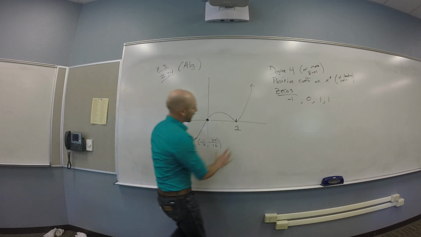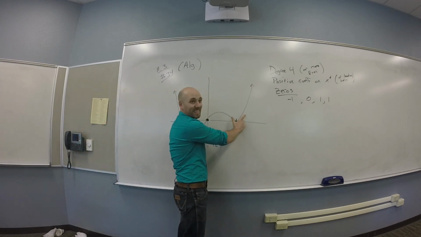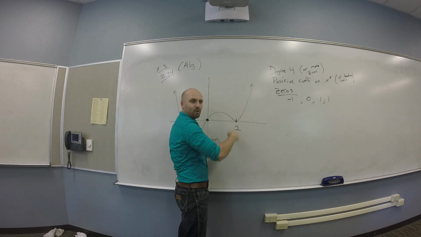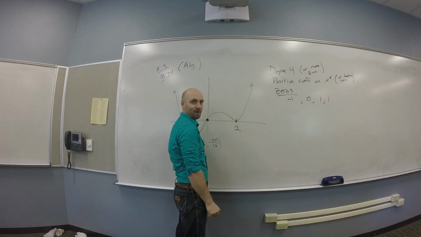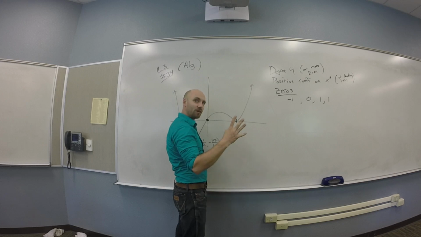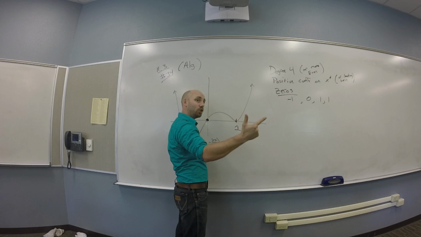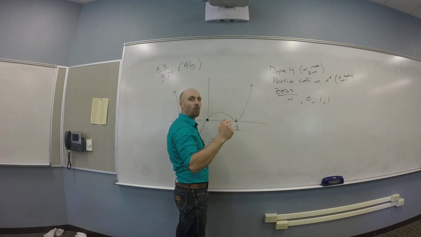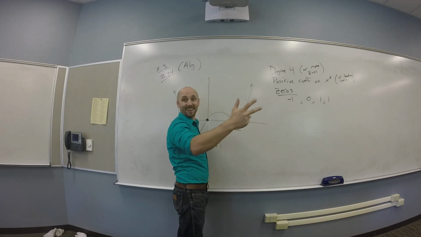Like, if I look at this, that looks basically like a parabola in just that little piece, right? If it was way flatter, like if it looked like a, what do you call the degree 4 ones? They go quadratic, cubic, quartic.